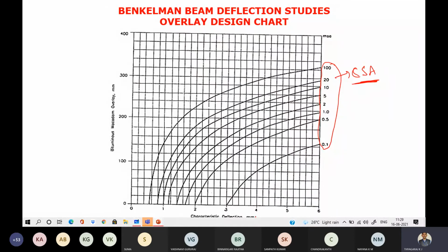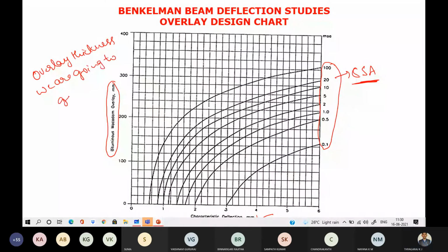In the x-axis, you can observe the characteristic deflection, and always remember, the overlay thickness we are going to get in terms of BM, that is, bituminous macadam.